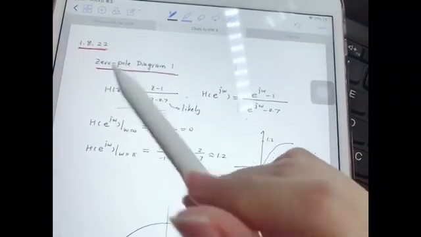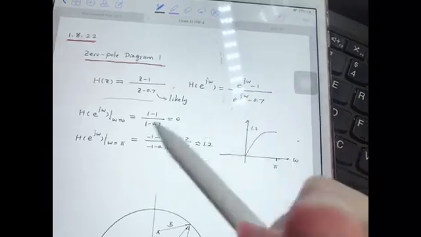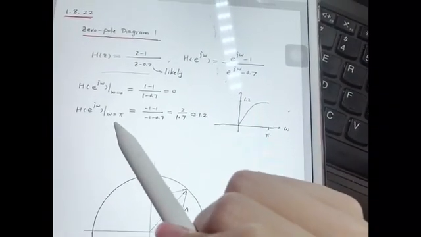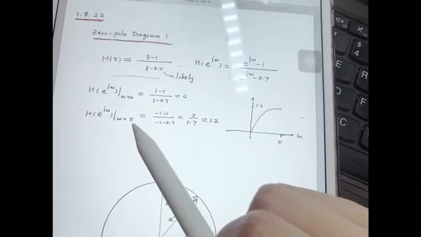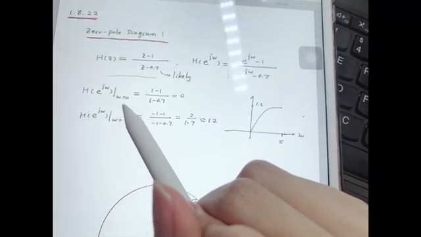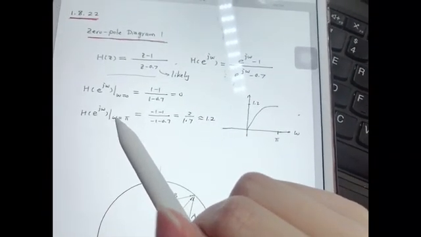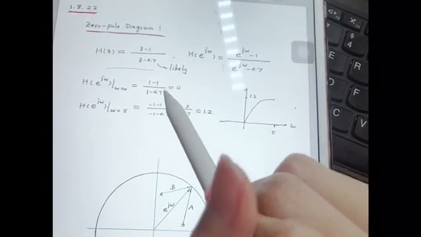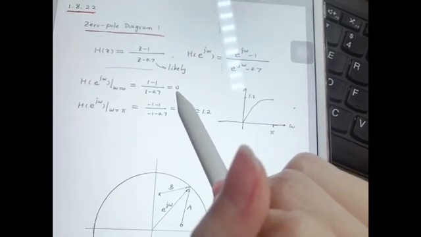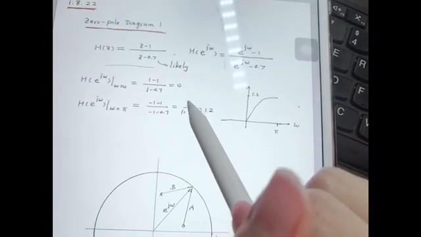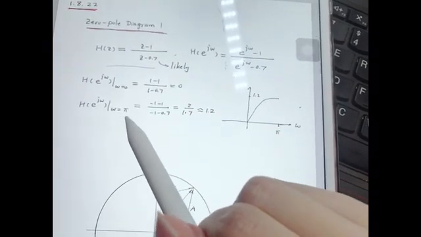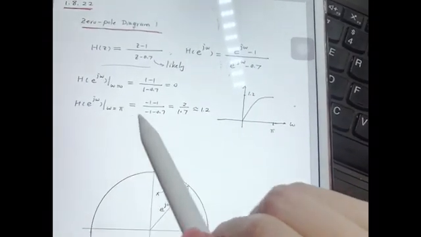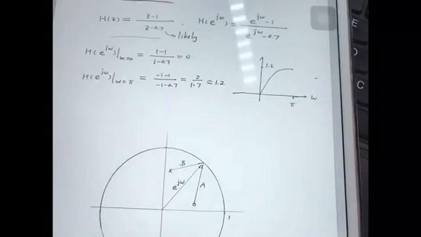We replace z with e^{jω}, and we select two special points, when ω equals 0 and ω equals π. We got that when ω equals 0, H(e^{jω}) equals 0, and when ω equals π, H(e^{jω}) equals 1.2.